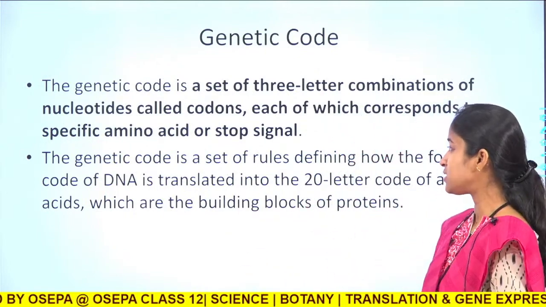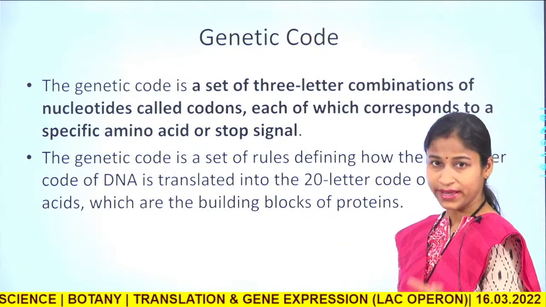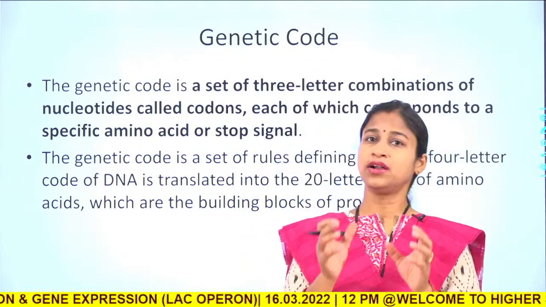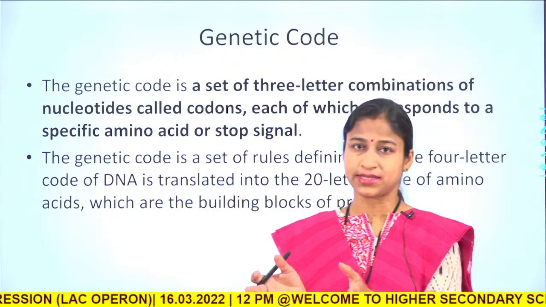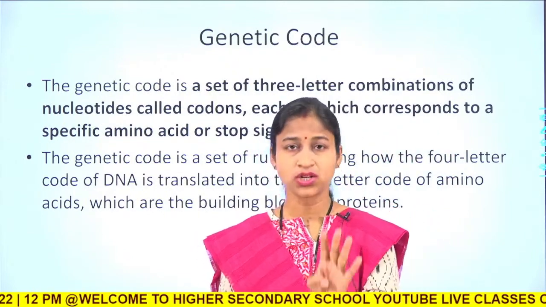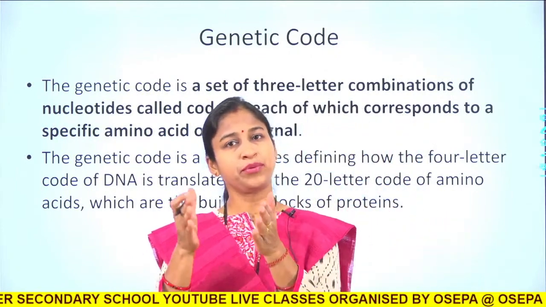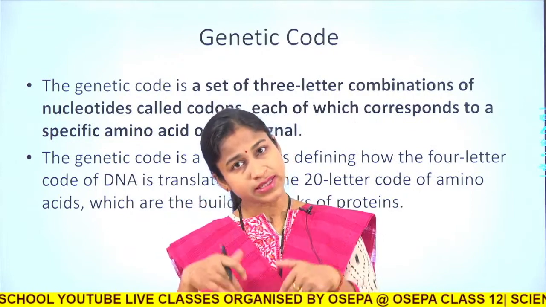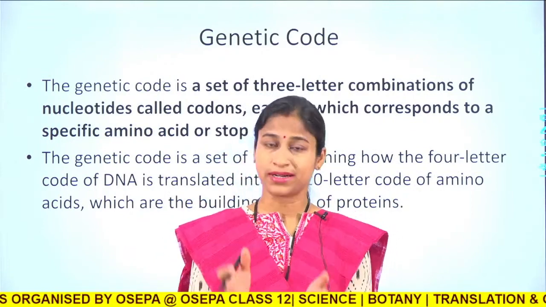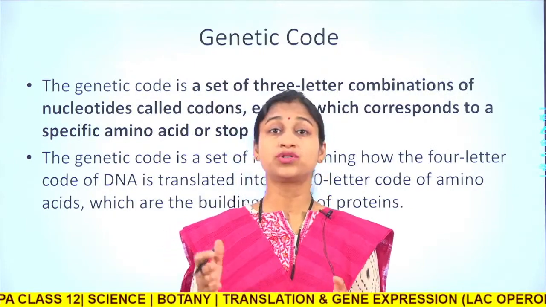The genetic code is a set of rules that defines how the 4-letter code of DNA is translated to the 20-letter code of amino acids. We only have 4 nitrogenous bases in DNA, which will be transcribed into mRNA, where T will be replaced by U, but similarly we have 4 nitrogenous bases.